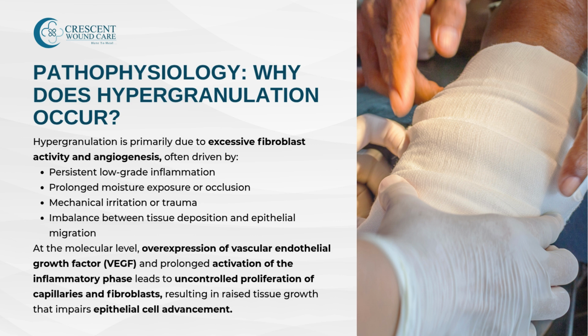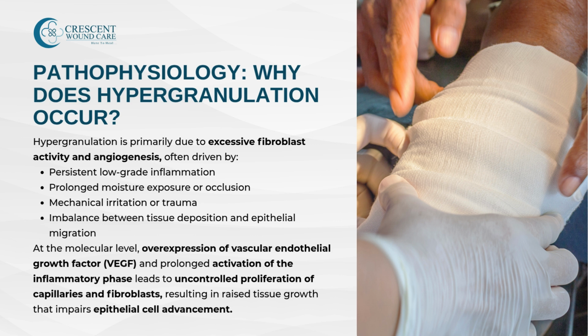At a molecular level, elevated levels of VEGF, vascular endothelial growth factor, and TGF-beta, transforming growth factor beta, fuel capillary overgrowth. Fibroblasts are overstimulated, producing collagen and extracellular matrix beyond what's needed.